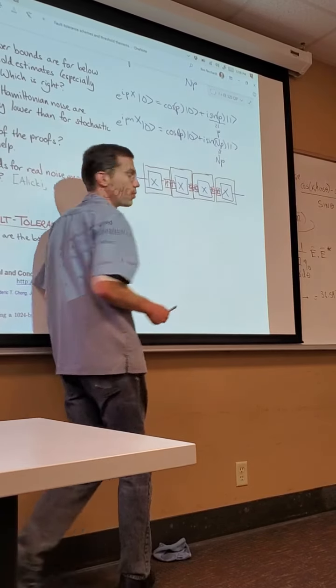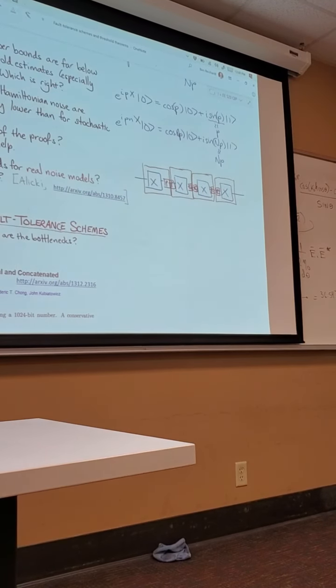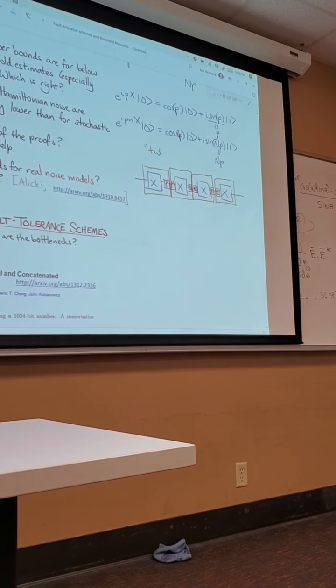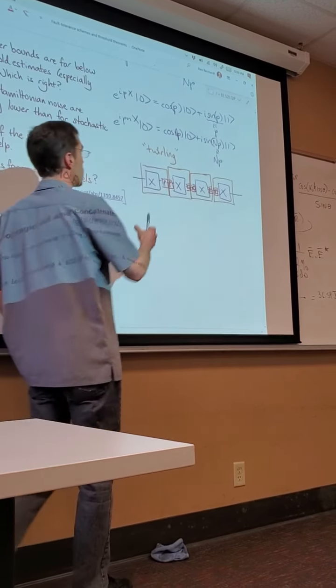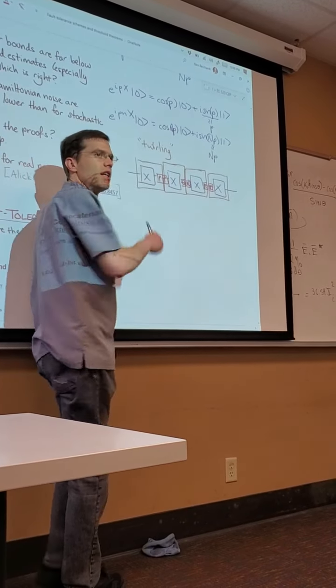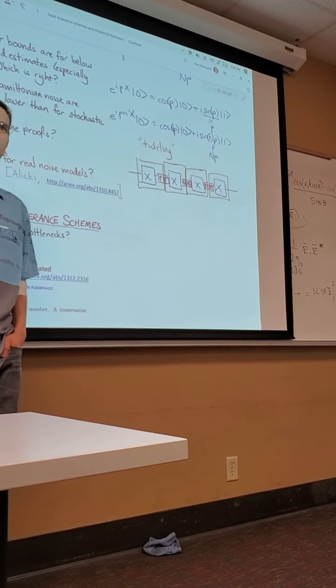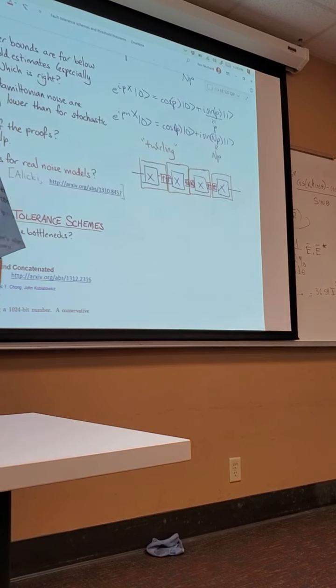So this is called twirling. And the idea of twirling is we work in random Pauli bases, kind of, and it makes the errors point in random directions, intuitively.